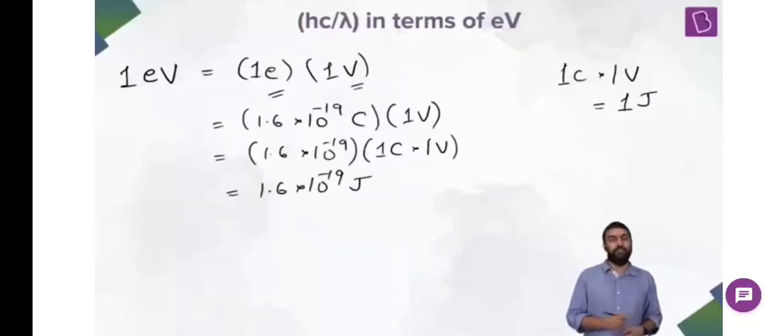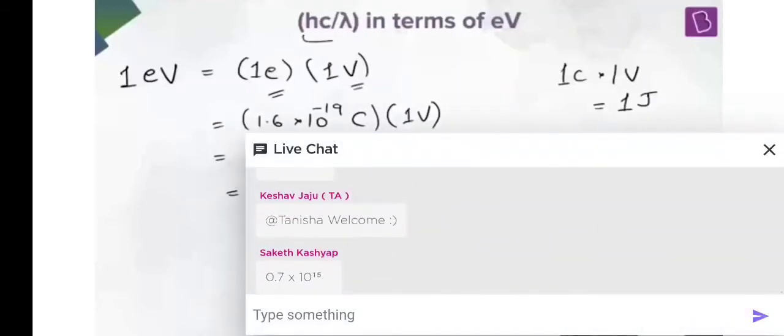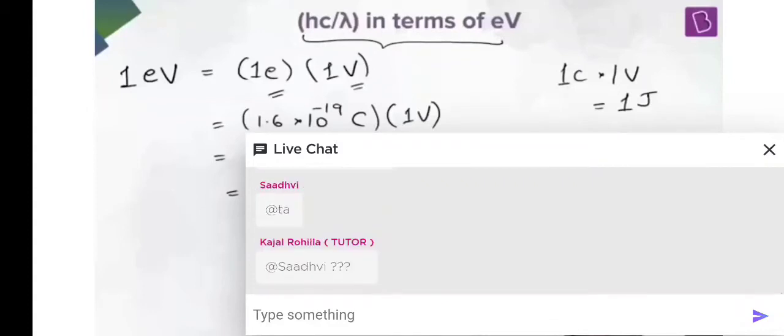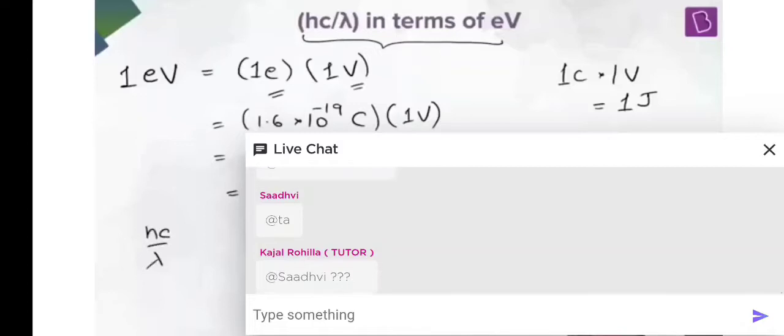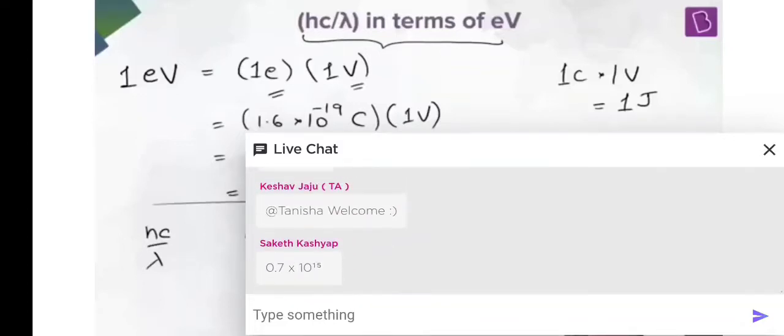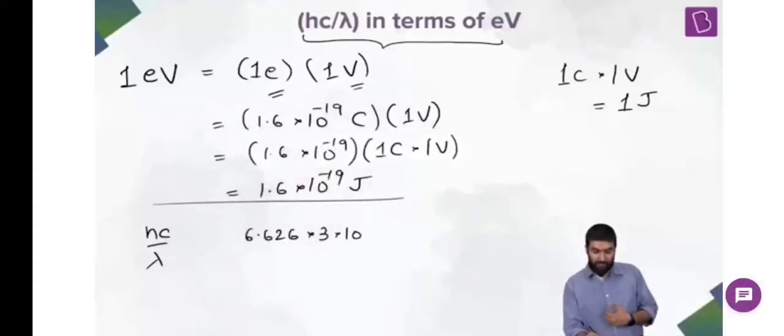All right. Now there's one more important thing, that is the title of this slide, the hc by lambda expression in terms of eV. So what do we do here when we talk about hc by lambda? We have 6.626 multiplied by 3 multiplied by 10 to the power minus 34 multiplied by 10 to the power plus 8 divided by wavelength in meters.